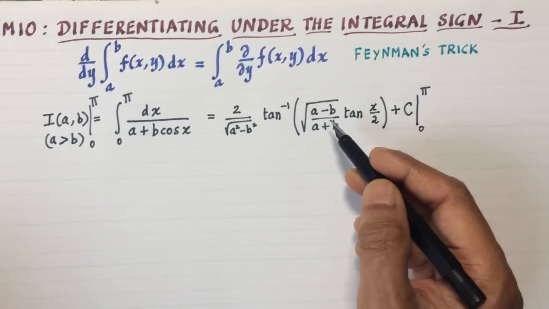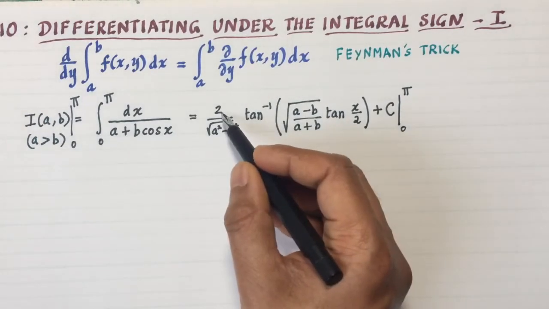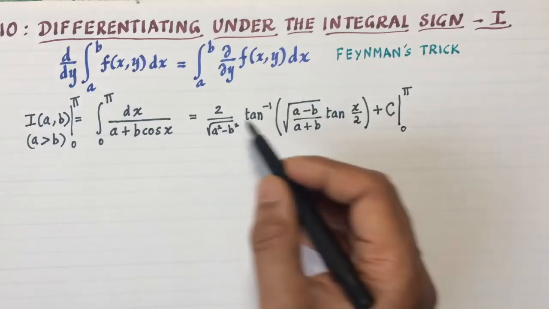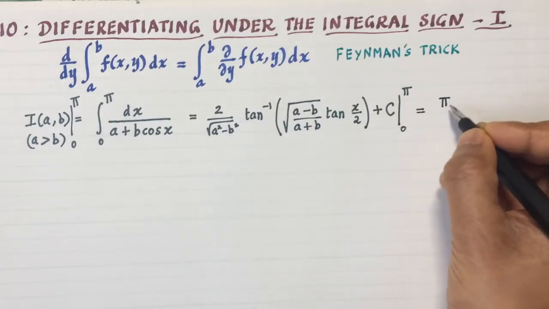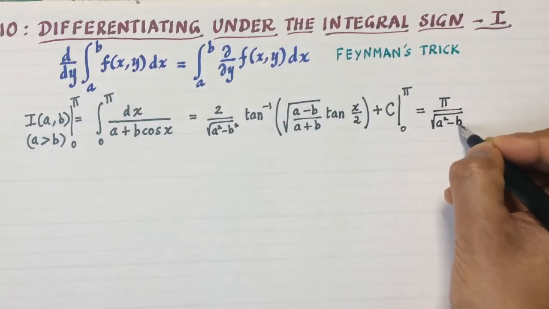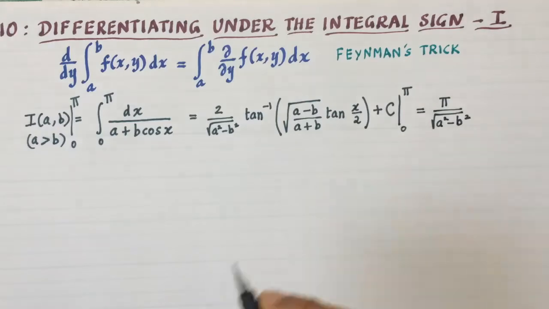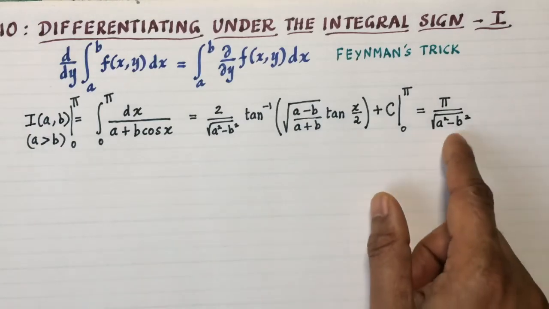So I'm going to end up getting pi over 2, and that pi over 2 will cancel this 2, and so the answer ends up being pi divided by the square root of a squared minus b squared. That's certainly a result that we can do something with by using this technique because it's easy to differentiate this.